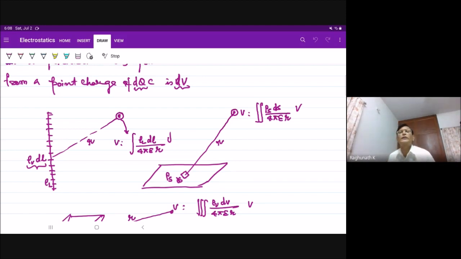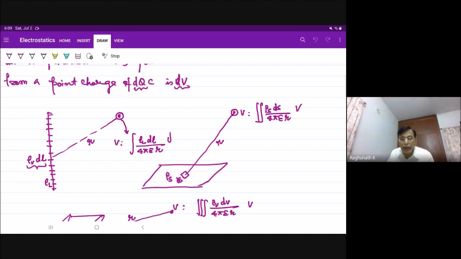Any finite charge distribution given, at least mathematically it is possible for us to determine the potential at any point using the potential because of a point charge. Check it once. V is integral dV ultimately.